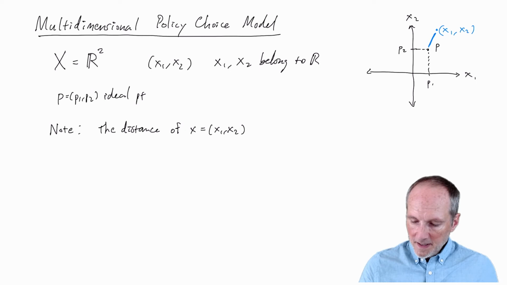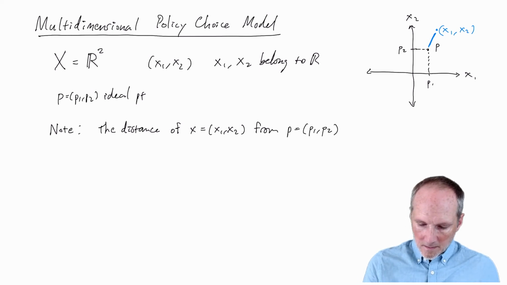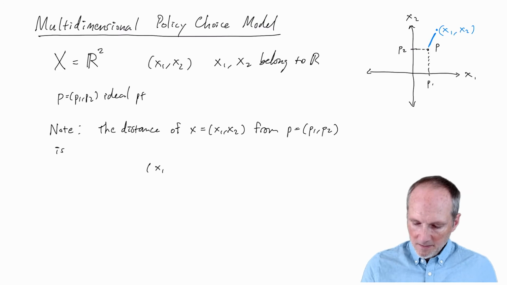So the distance of x from this ideal point is, well, what we do is we look at the distance on the first dimension, and we're going to square that, and then we look at the distance on the second dimension and square that.